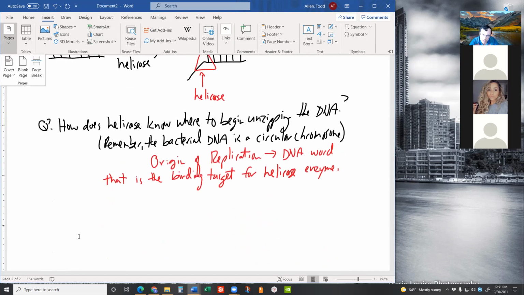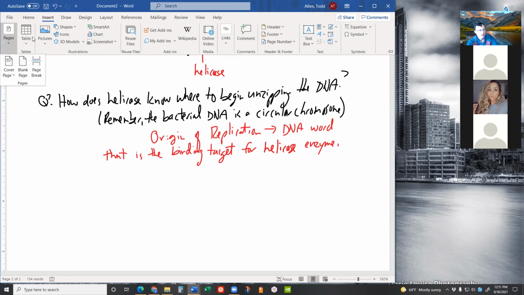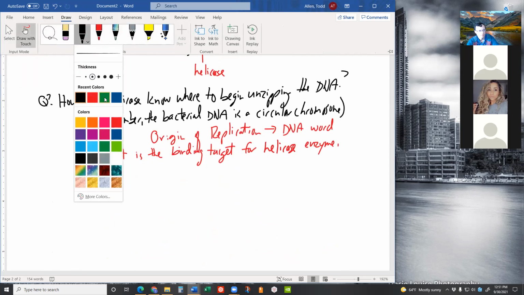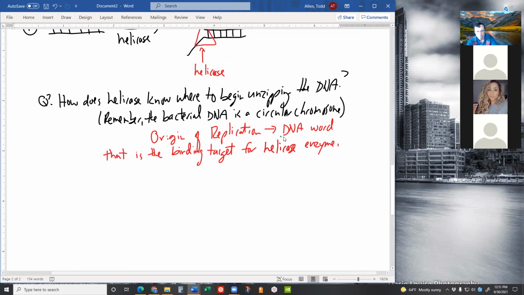All right, so let's talk about what this definition of the origin of replication means. DNA word. You should think of DNA as a nucleic acid alphabet.